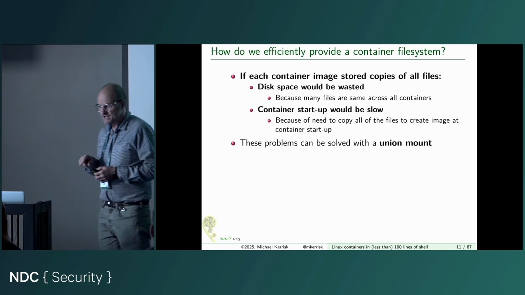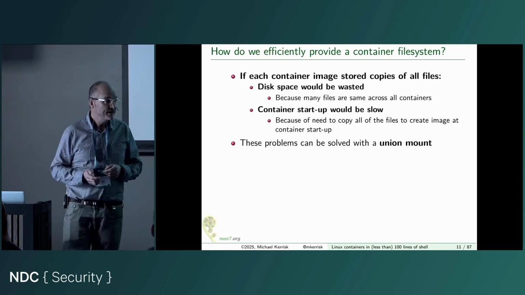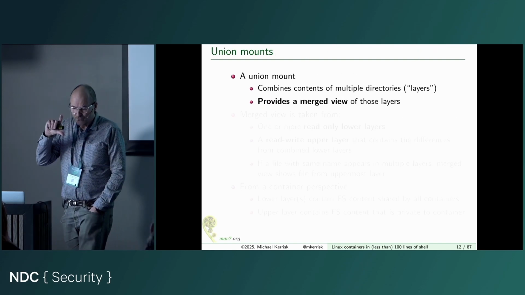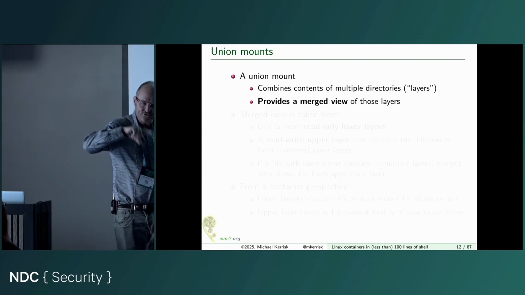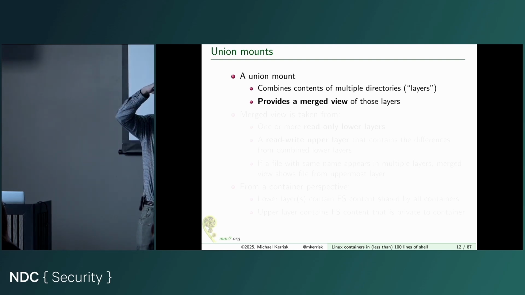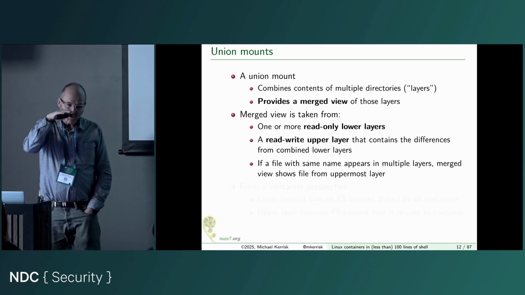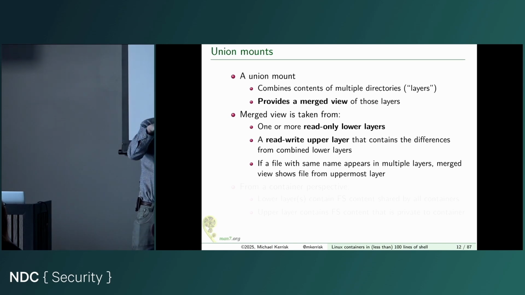The solution to these problems is to use what's called a union mount. Now, a union mount is really just a technique for combining the contents of several different directories, stacking them up in a way, and providing a merged view of that stack of directories. And the idea is that you have, in the lower part of the layers, one or more read-only directories.